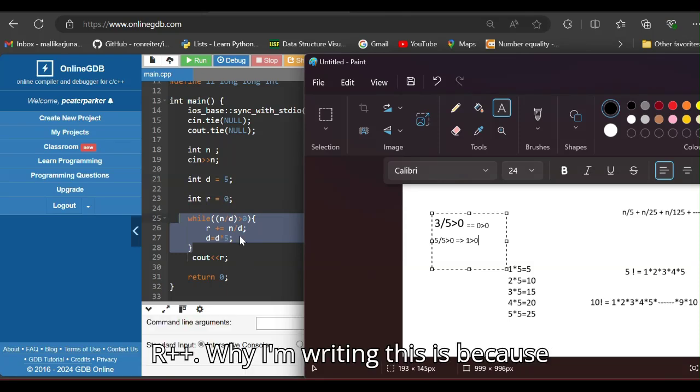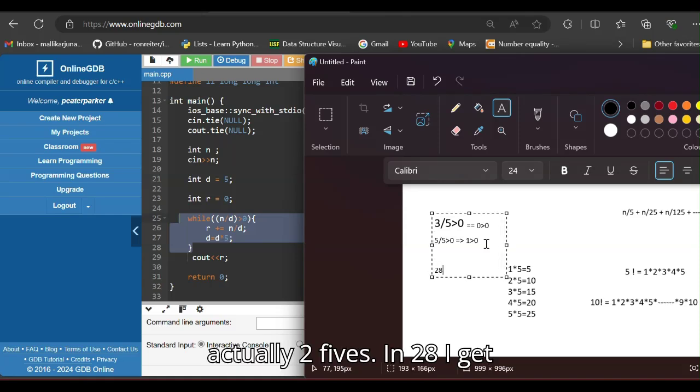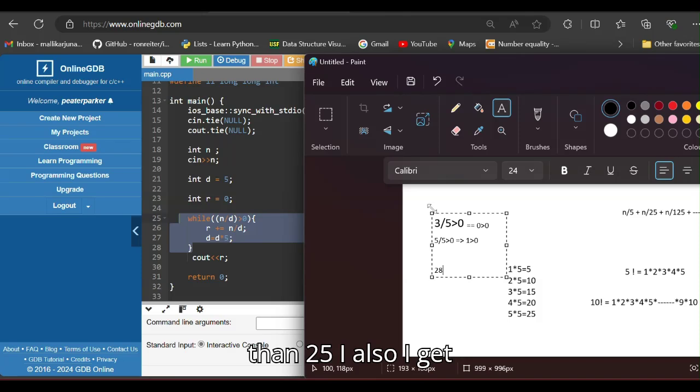Why I'm writing this is because whenever I get a number more than 20, like 28, I actually get two fives. In 28, I actually get two fives, like in 25, I actually get two fives, right? So for more than 25, I also get two fives.